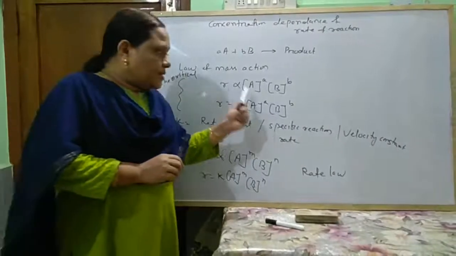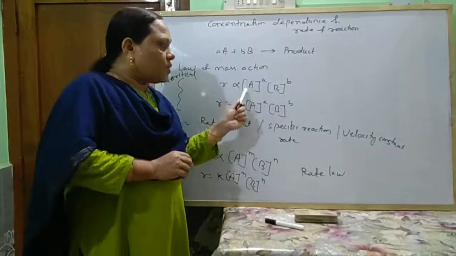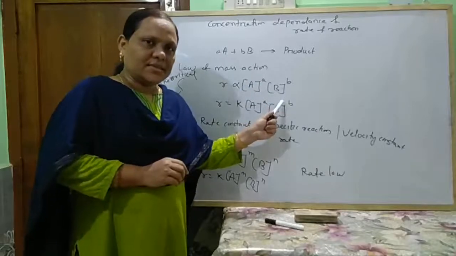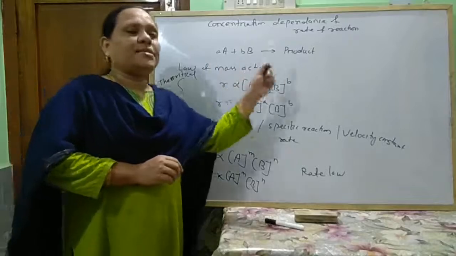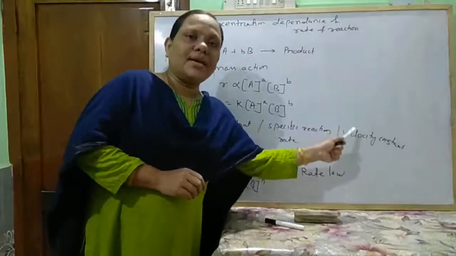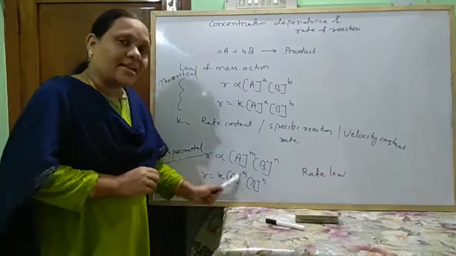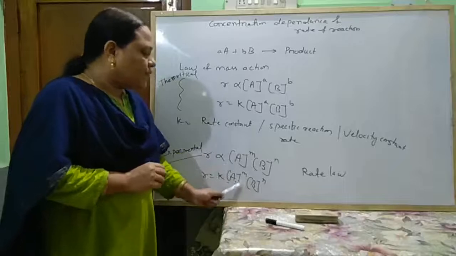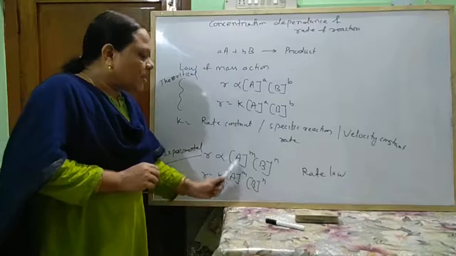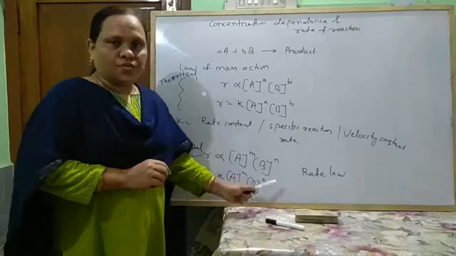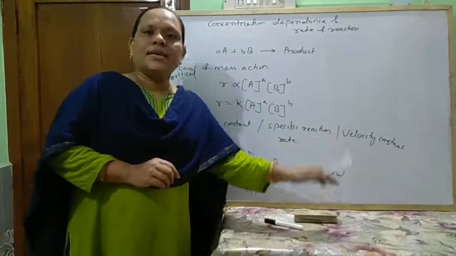In the other definition, the rate of a chemical reaction is directly proportional to the product of molar concentrations of reactant species, each term raised to the power equal to its coefficient as represented in a balanced chemical equation. But in this case, each term is raised to the power equal to the coefficient which actually changes during a chemical reaction.